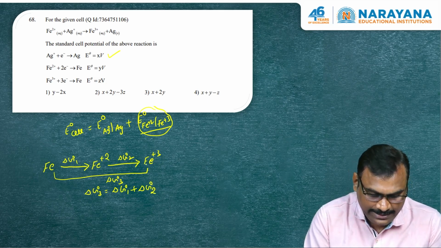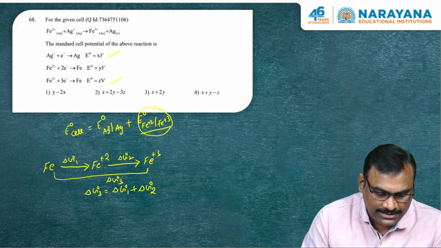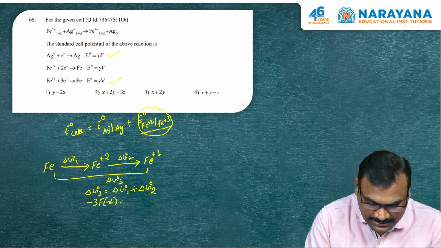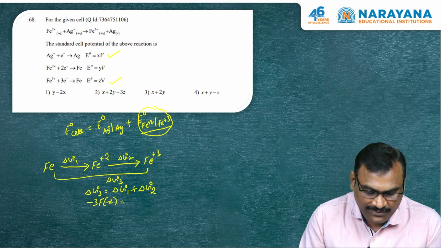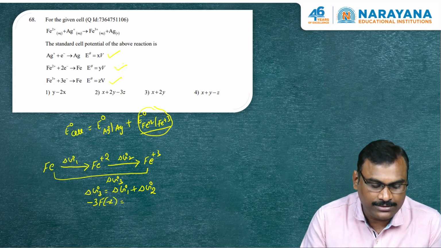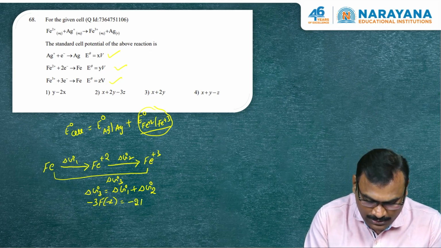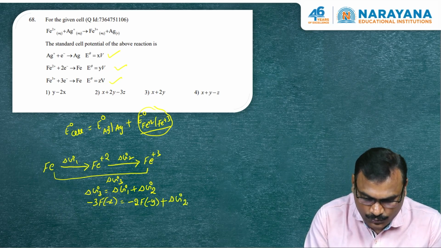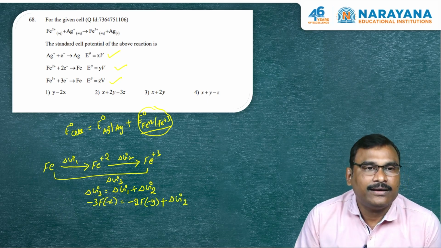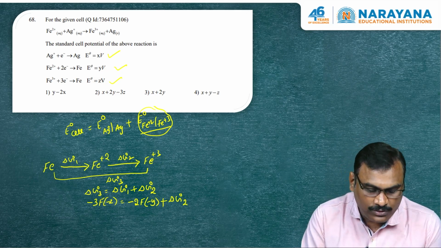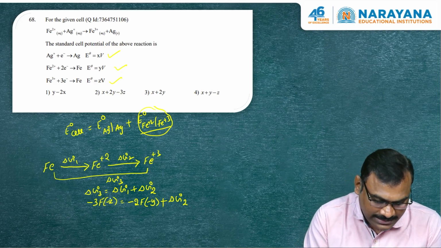So delta G naught 3, Fe to Fe3+, they gave as Fe3+ to Fe as Z, that is minus 3F times minus Z volts, is equal to delta G naught 1, Fe to Fe2+, again the reduction potential was given as Y, so that is minus 2F times minus Y, plus delta G naught 2. Since Fe2+ to Fe and Fe3+ to Fe are reduction potentials, here we wrote them as oxidation, that's why I changed the sign.